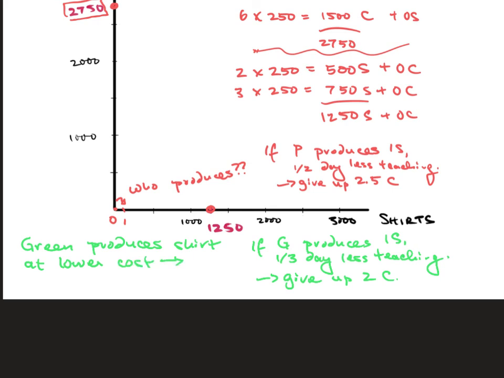And so she should produce shirts. Okay. When there's a choice between should Plum produce a shirt or should Green produce a shirt, and they both have the time that they could spend on it, Green should produce it. Okay, got it? Okay, so we're done for now. I will continue talking about this on Thursday.